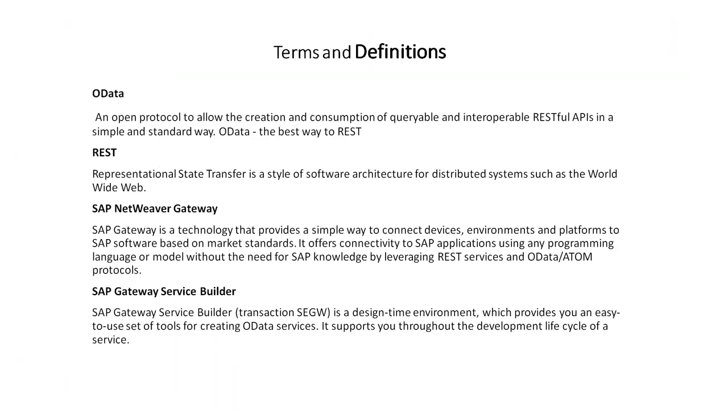These are the definitions of OData and REST. OData is an open protocol which is used to create RESTful APIs. So OData is the means to create a RESTful API. REST means representational state transfer.